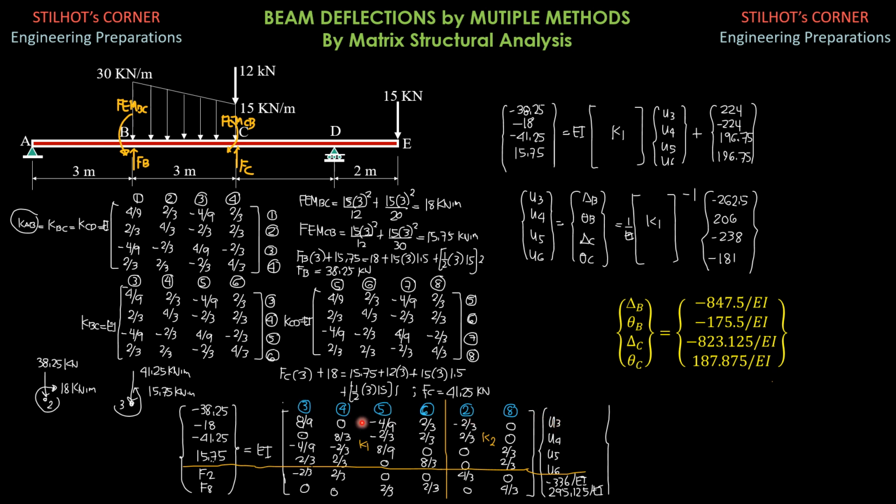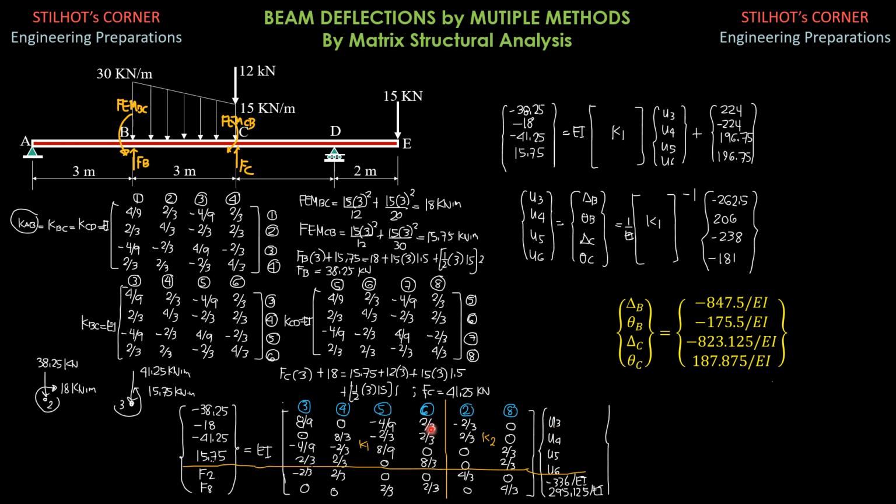Then we have to compute these cells. 3, 3, for example, is 4 over 9 plus 4 over 9, which is 8 over 9. Then 3, 4: negative 2/3 plus positive 2/3, that's why it's 0 here. 3, 5, row 3, column 5, negative 4 over 9.